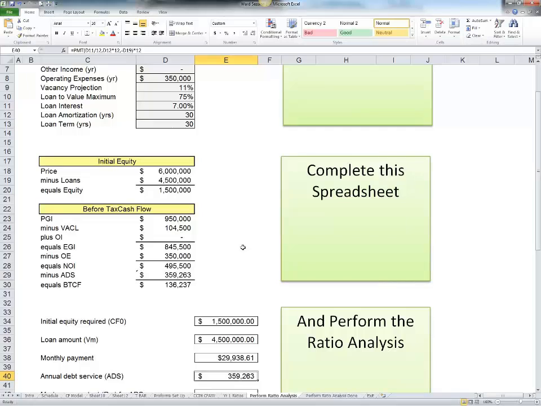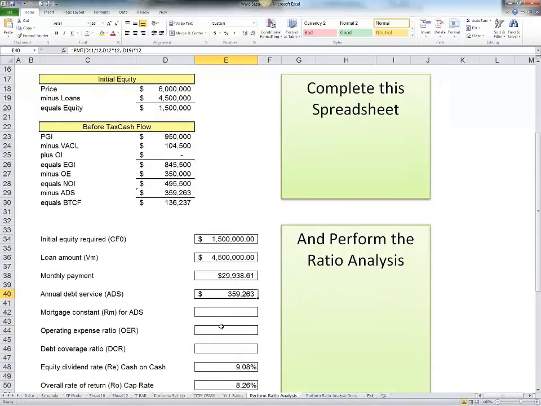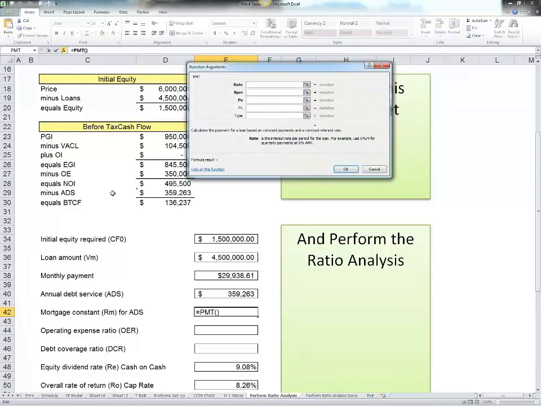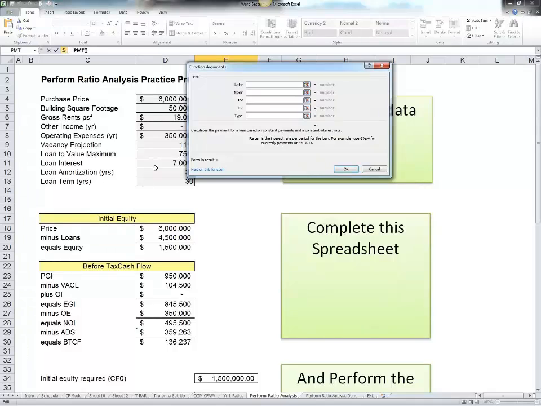Okay, let's take a look at the mortgage constant. Now remember, the mortgage constant is the payment rate as opposed to the interest rate. So it represents principal and interest, not just interest. We know it's a 7% interest loan, but let's see what the payment rate is on this loan. Well, if it's a payment rate, let's use the payment function. Here's our rate of 7% divided by 12.